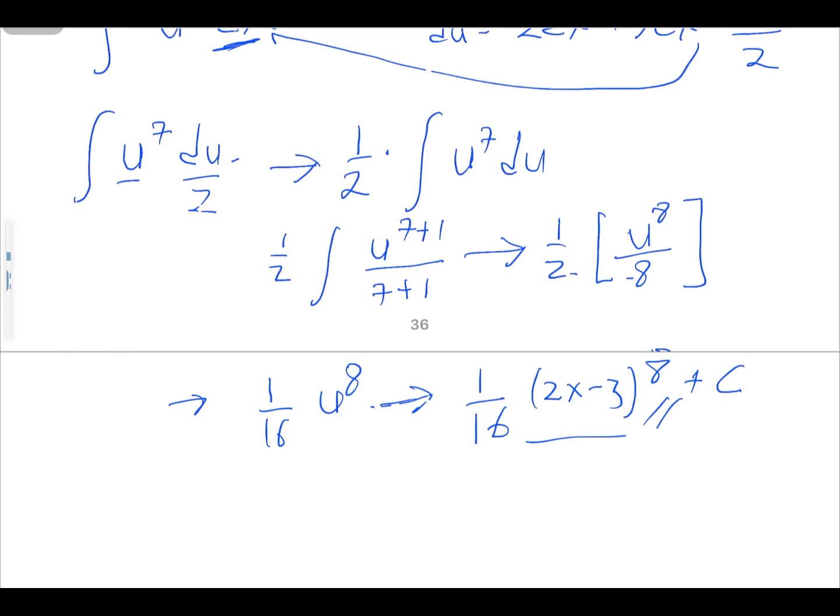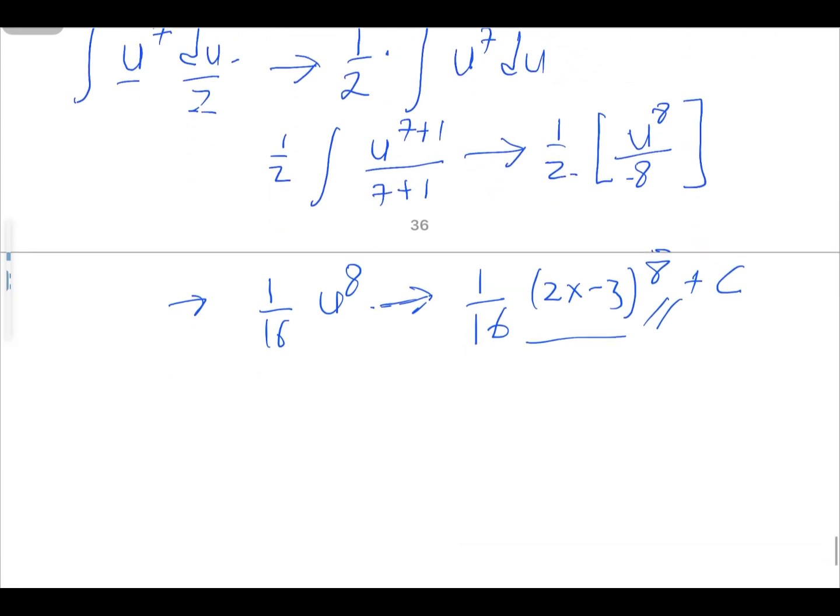In this case, you can differentiate this by using your shortcut technique, as I explained earlier on: just take the power here, multiply by whatever is here, then differentiate the bracket also and multiply by it, and at the end of the day, subtract 1 from the power. So that's one of the shortcuts that we use for differentiation of such functions, and therefore you can apply it to check whether your answer is correct.